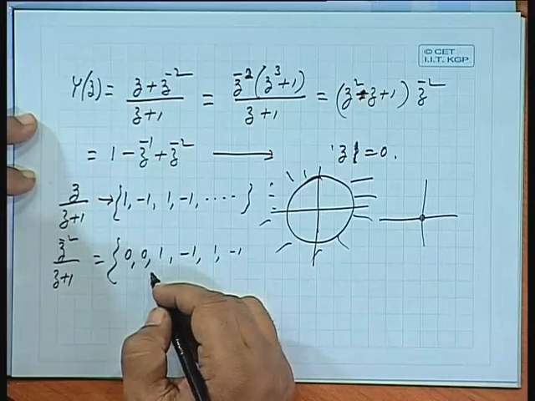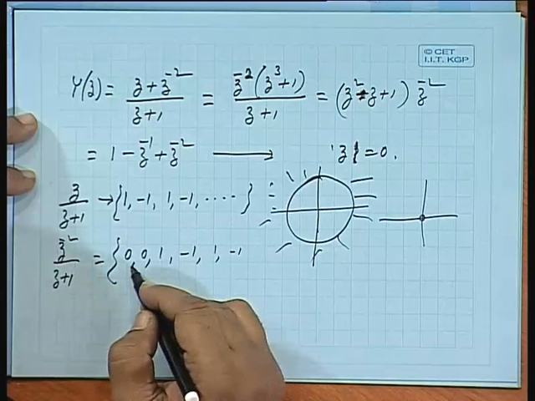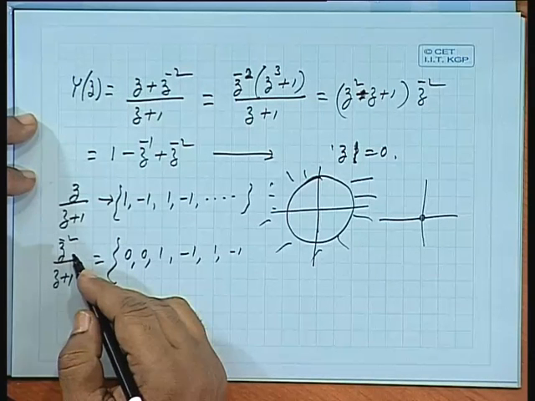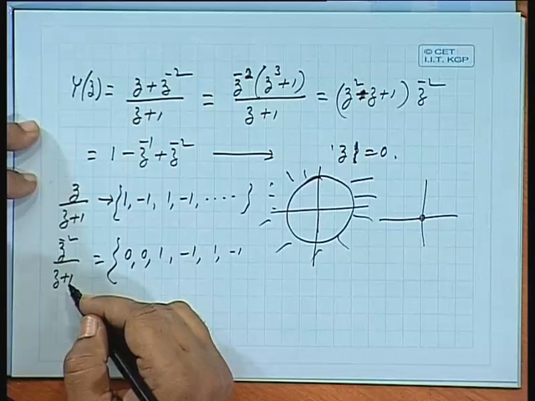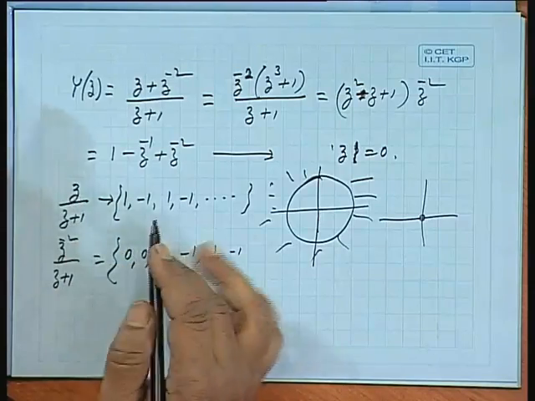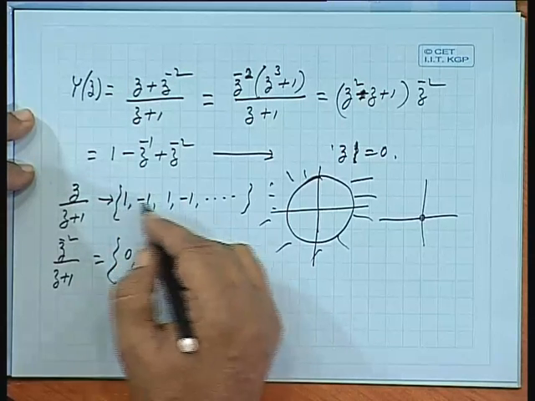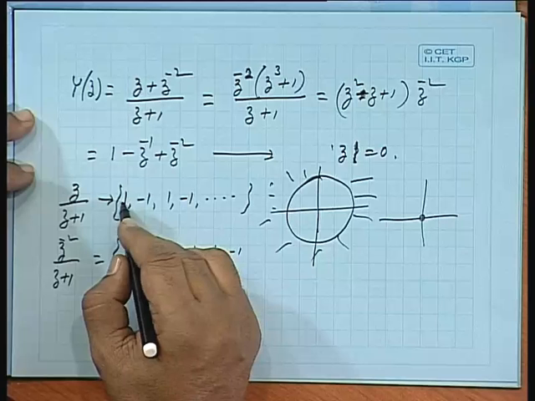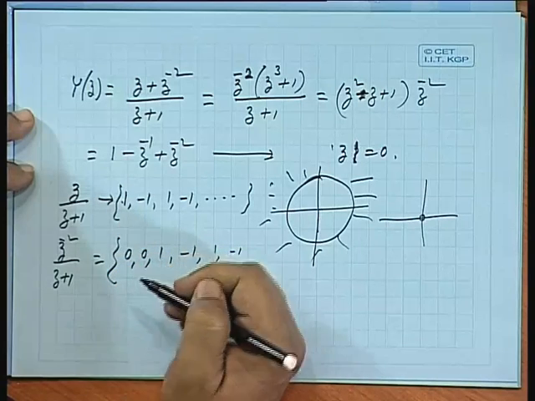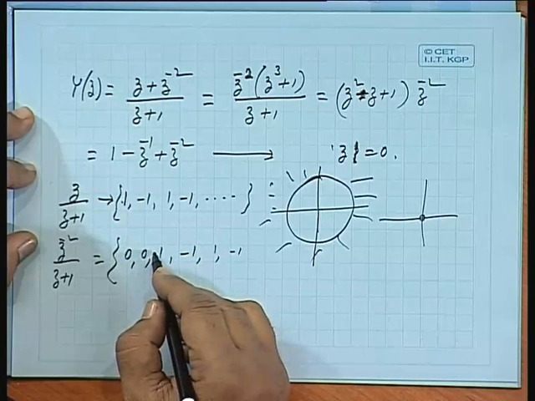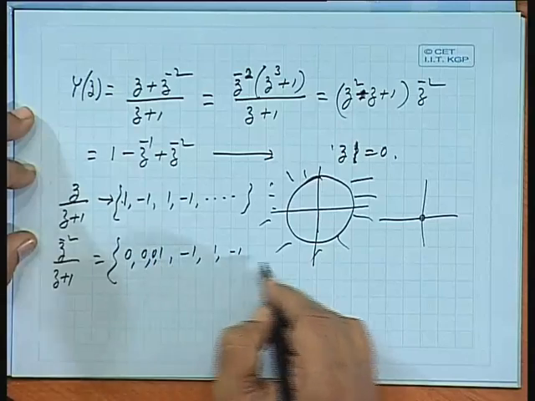So, this was z to the power minus 2. Oh, this is z by z plus 1. Thank you. This is z by z plus 1, first one will be, second one it will be 0 0 0, then 1, because I have to take one more 0.